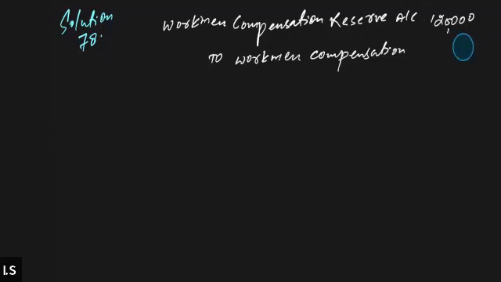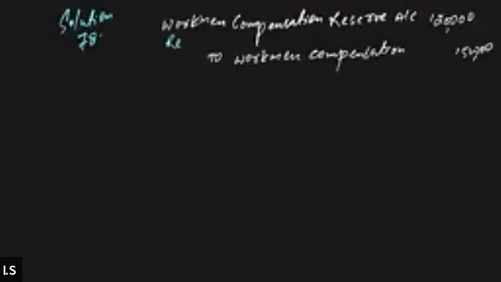So obviously there is a difference between the amount of reserve that we have made and the compensation claim. So the difference arising will be debited to the revaluation account. The difference arising in the workman compensation reserve is the amount of rupees 30,000. So revaluation account will be debited by the additional 30,000.